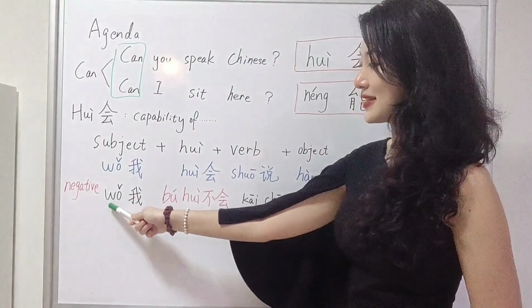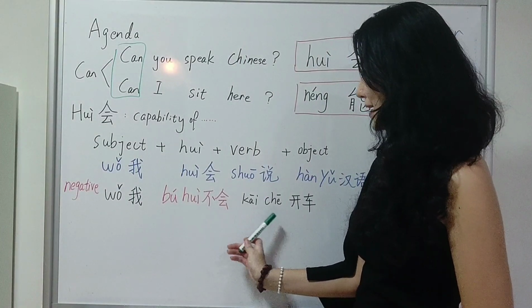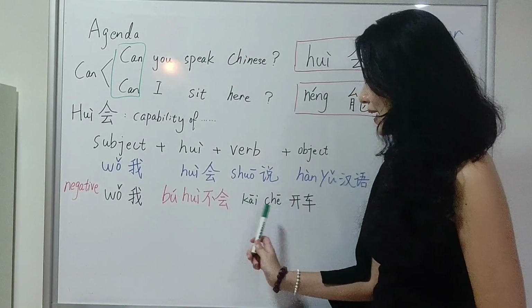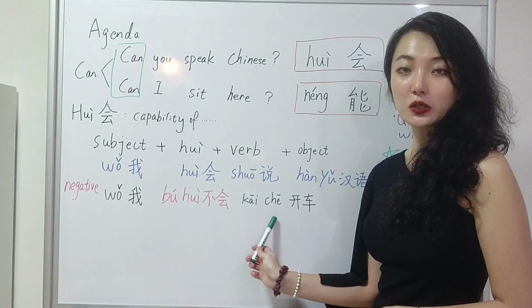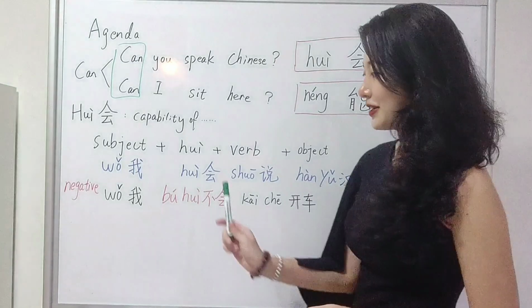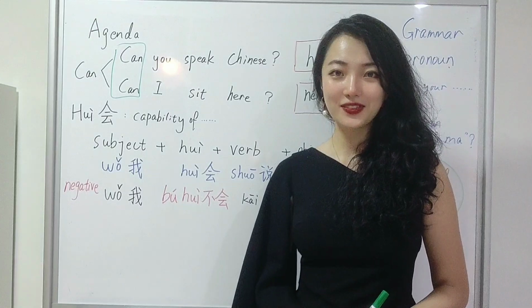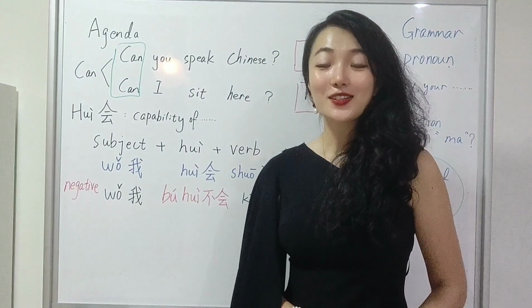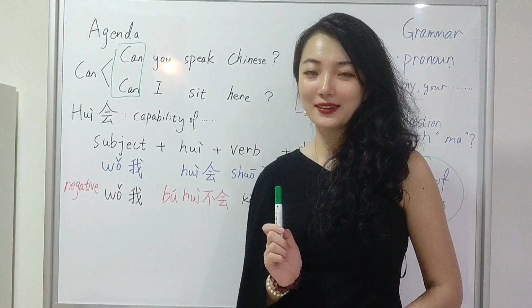So, first sentence, 我不会开车. 开车 means to drive. 车 means vehicles or cars, and 开车 means to drive. So, 我不会开车 means I can't drive. Very easy, right? So now, let's try to ask questions with can.